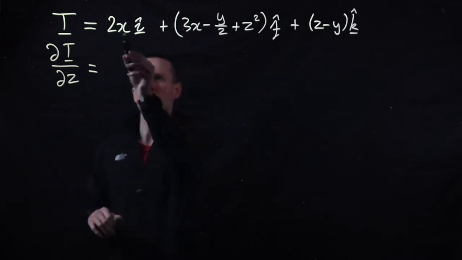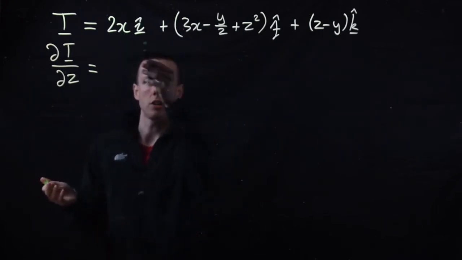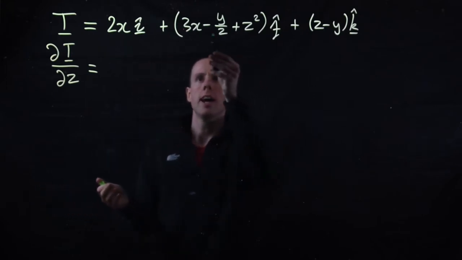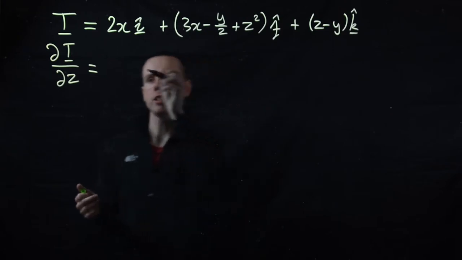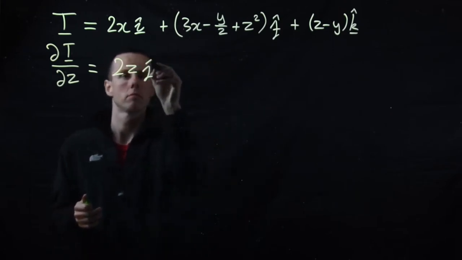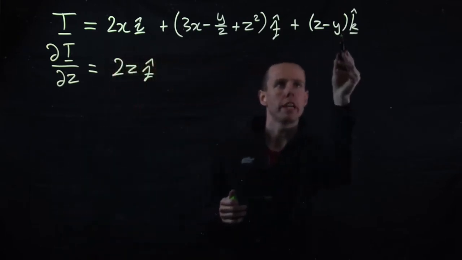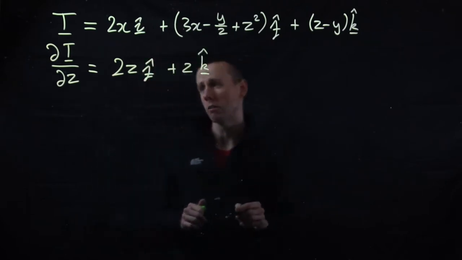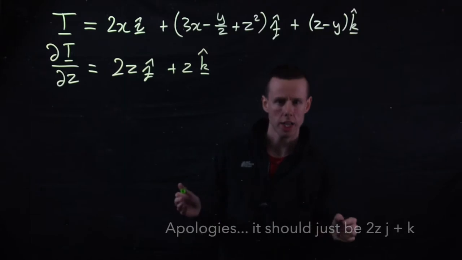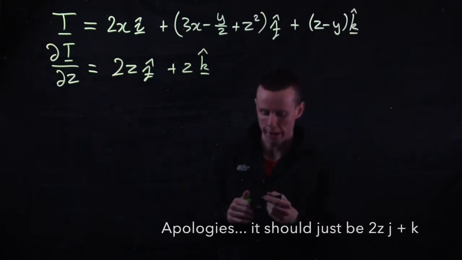If I differentiate 2x with respect to z, I get nothing. Then moving over here, I will get 2z times j hat. And then over here, I will get plus k hat. Okay, that's it. Nothing very profound there.